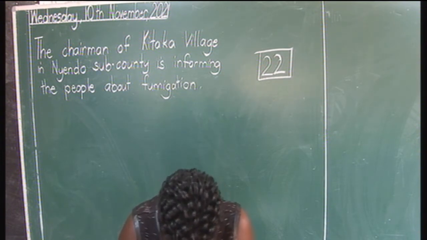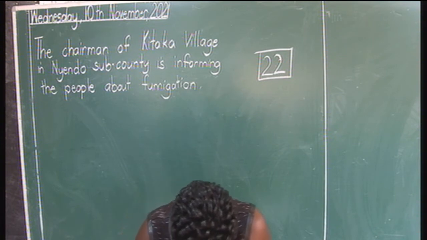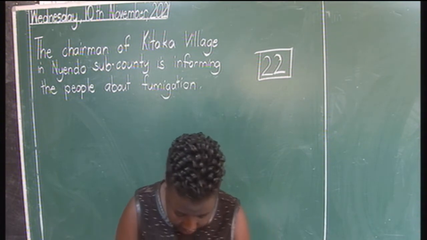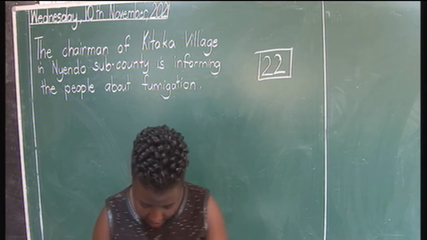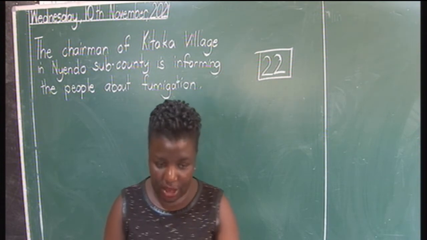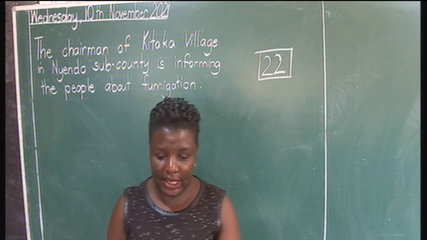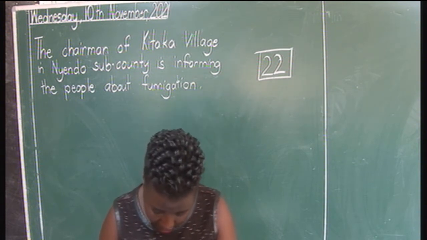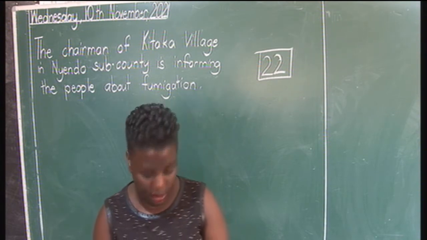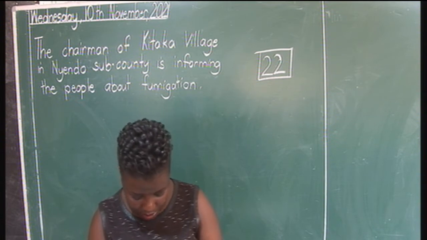True, false. Young, old. Niece, nephew. North, south. East side, outside. Big, small. Fatter, thinner. Blunt, sharp. When something is not sharp, then it is blunt. We have lightest, heaviest. Let's turn to the next page.